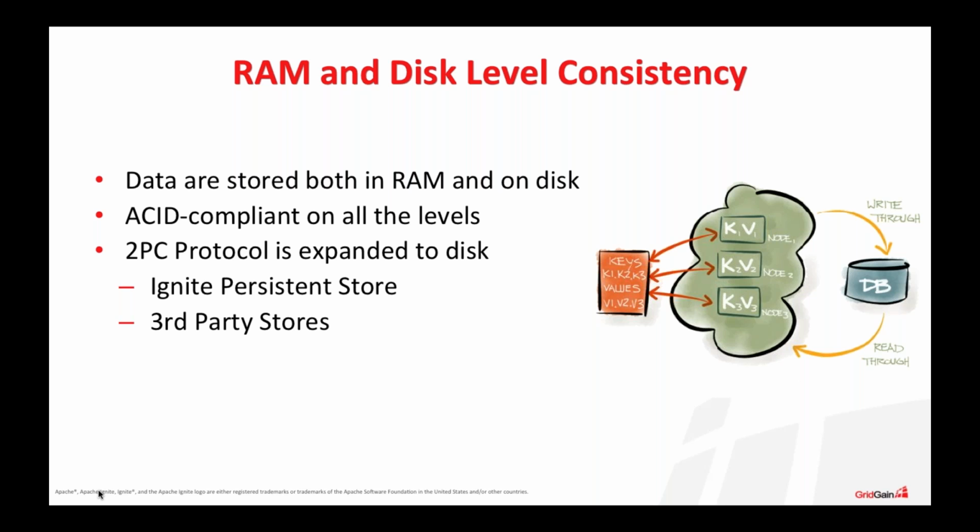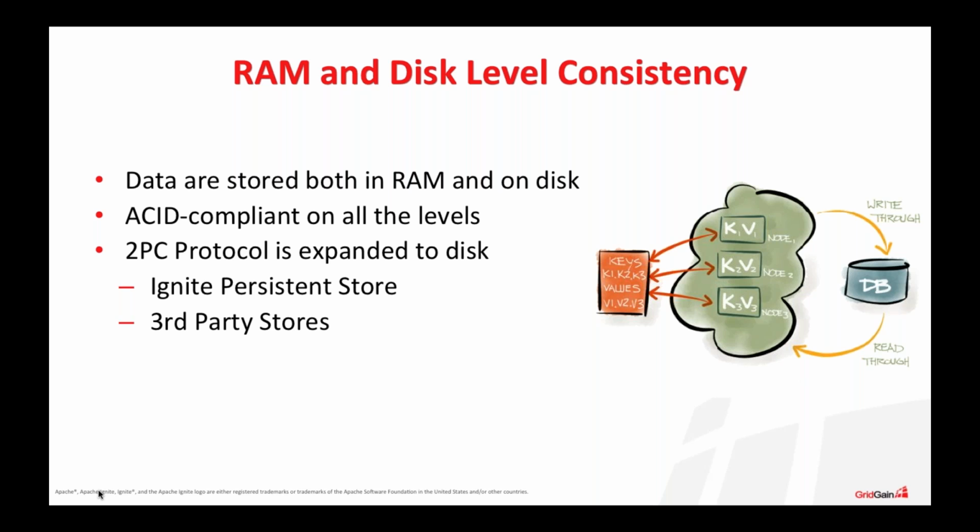One of the nice things about Ignite is the ability that you can store data both in RAM and on disk. ACID compliance is supported on all these levels, both within what's held in memory and what's stored on disk in terms of long-term durability. We can expand the two-phase commit protocol to the disk as well, and there's a couple of options.